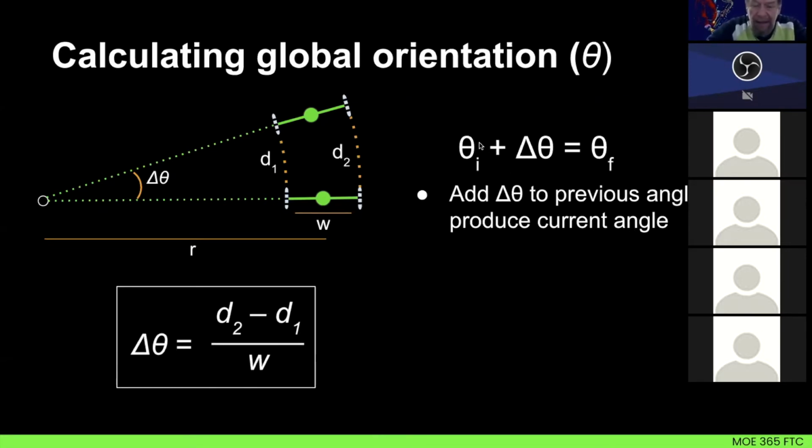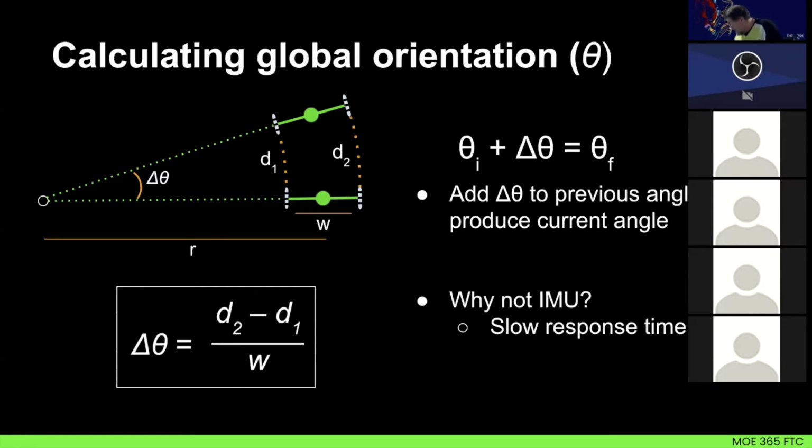So if you look here, you have theta I plus delta theta equals theta final. When you repeat this process over and over again, you're adding small positive or negative increments, delta theta, to theta I, which gives you an accurate estimate of what the robot's current orientation is.